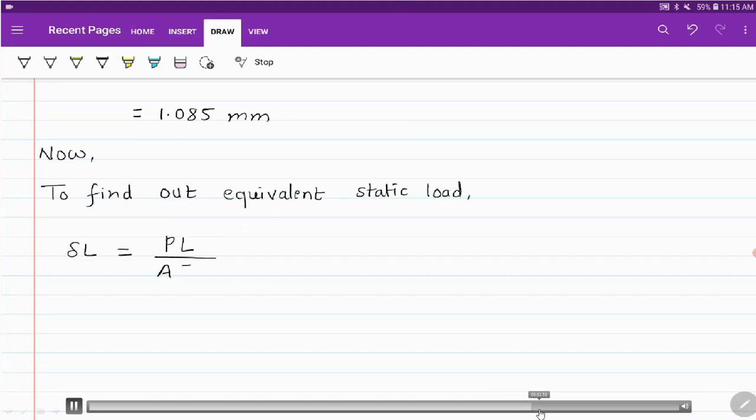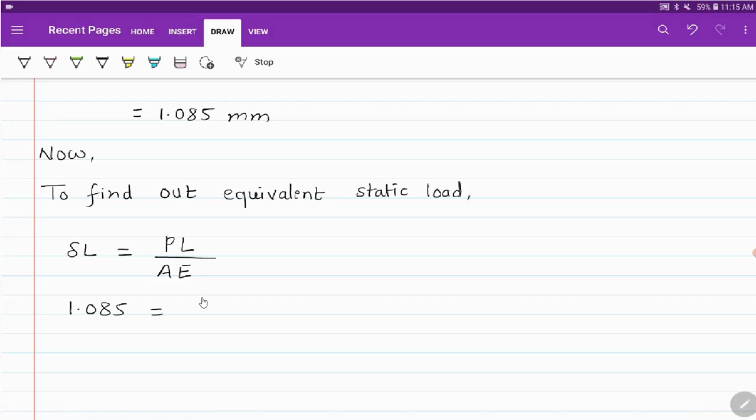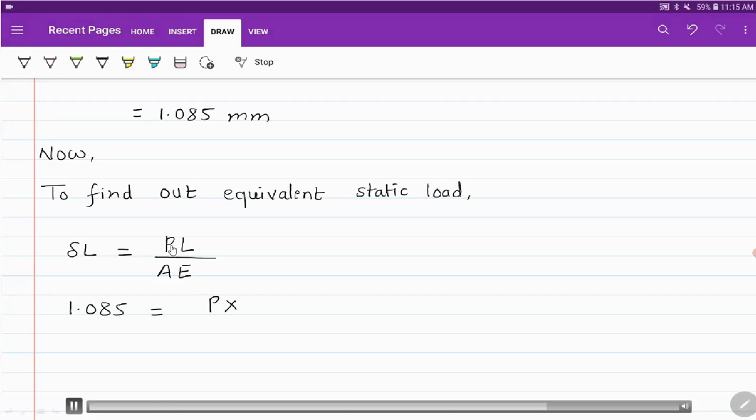Now we have to find out the equivalent static load. The equivalent static load will be the load which will produce the same effect as is produced by the falling load. So delta L, as far as the static load is concerned, according to Hooke's law, is PL upon AE. So P as it is, length is 3000, area we have already calculated, that is 1250 mm square, and E is 200 into 10 raised to 3.